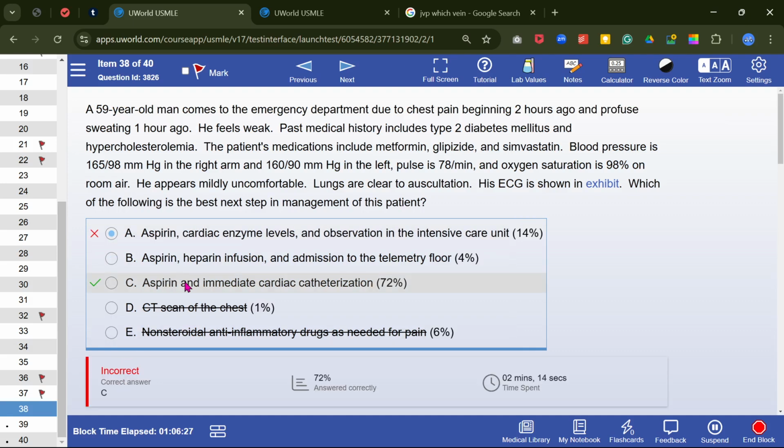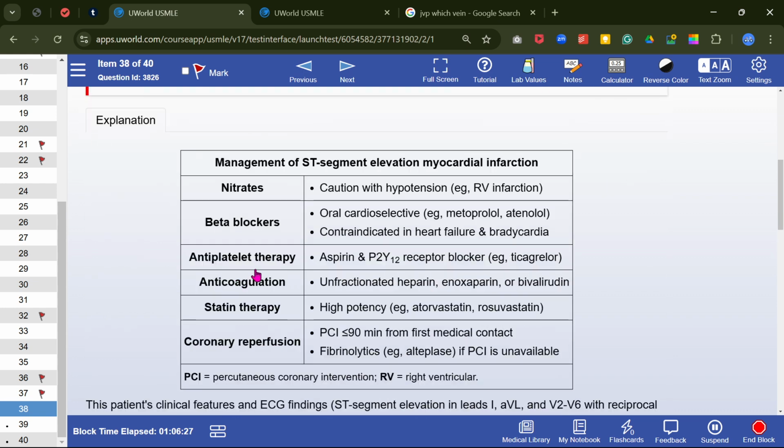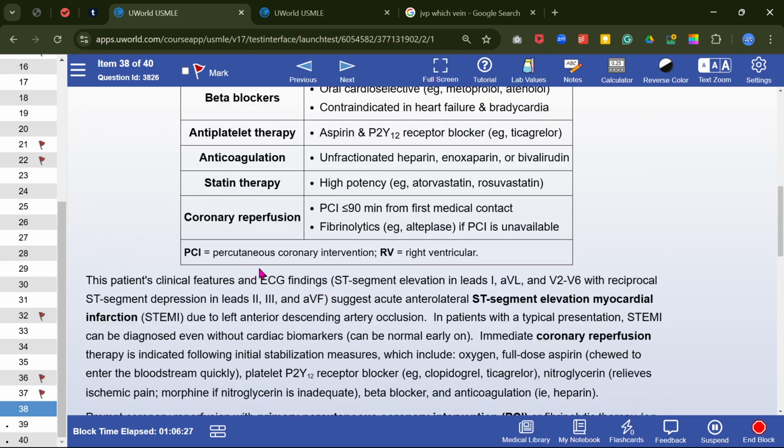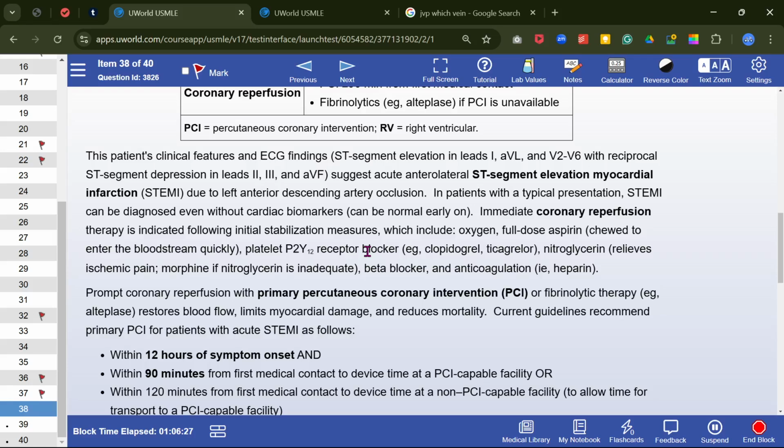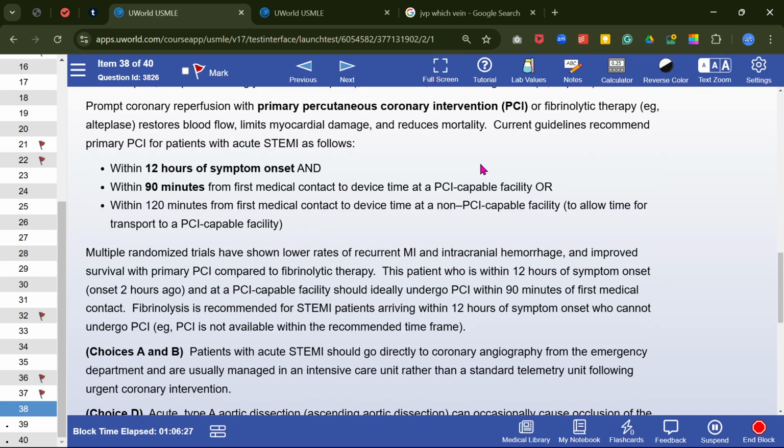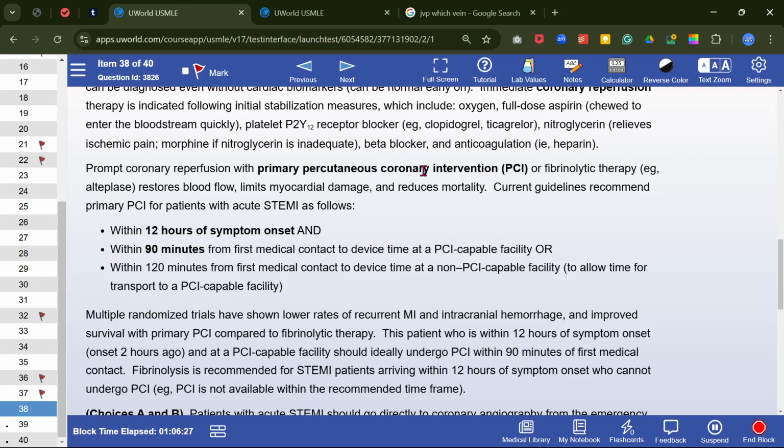Okay, even if 90 minutes passed, we are okay. So we need to read the PCI one. Okay, I'm reading from the prompt, prompt coronary reperfusion. This one is very important.